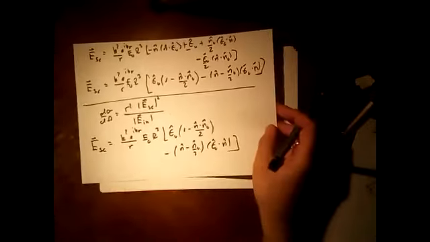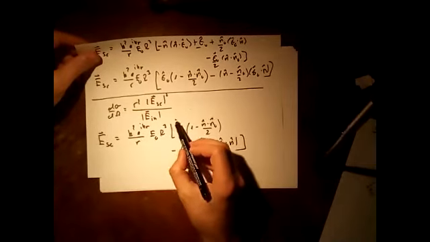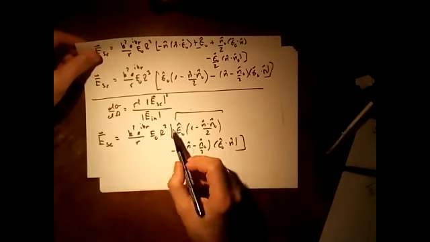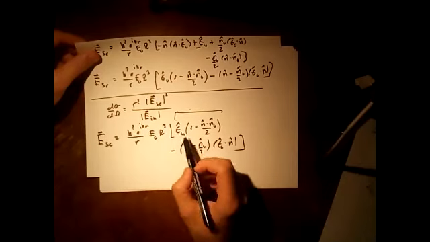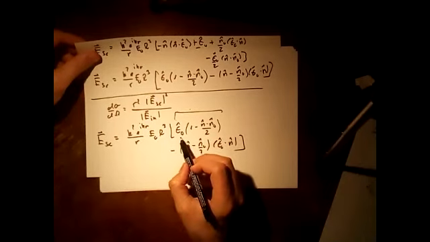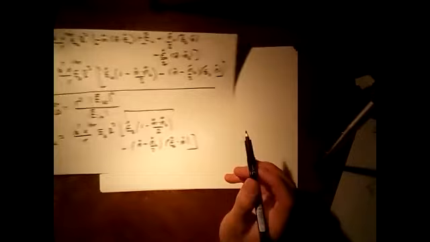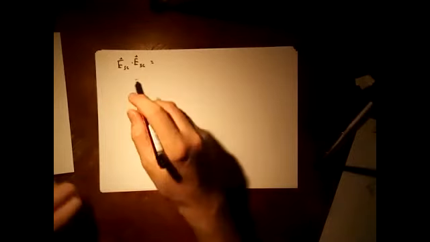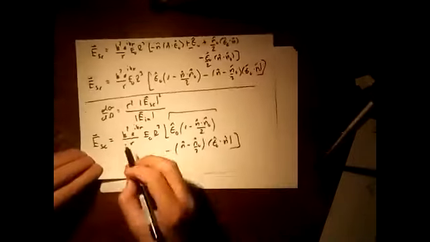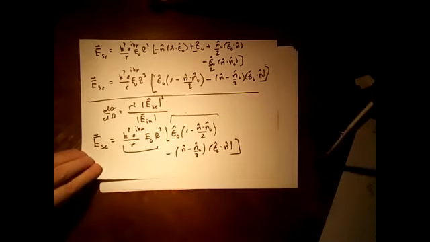If I go back here, I'm going to get terms of the following type. I have to square this. Epsilon 0 squared is just a unit vector, the polarization direction. And then I have to square this also. Actually, I should not forget these terms, so let's get those things out of the way.